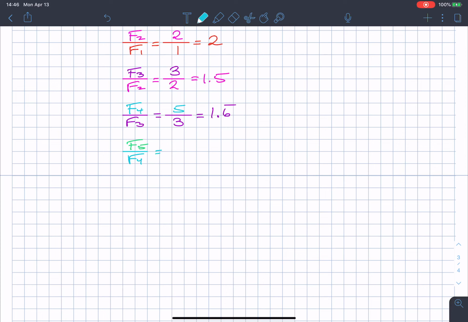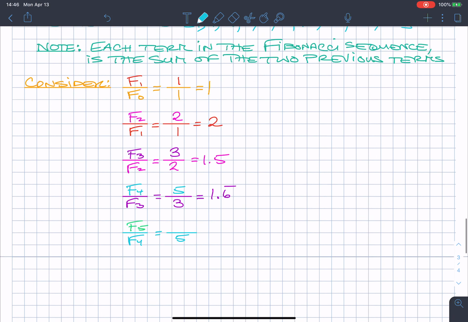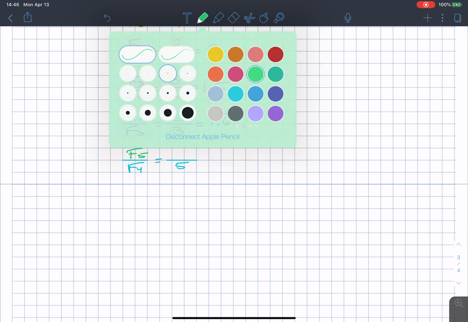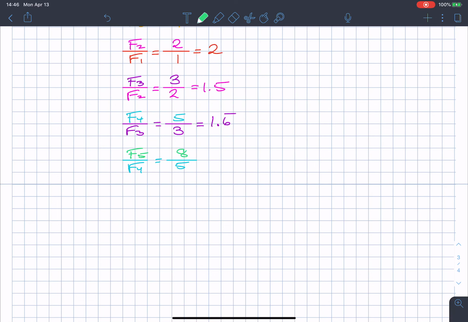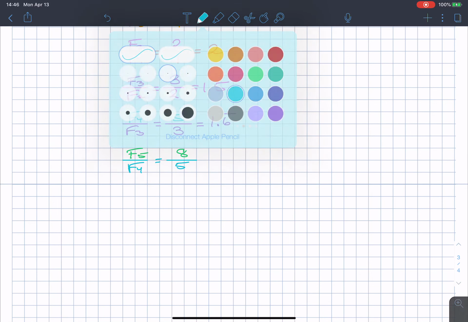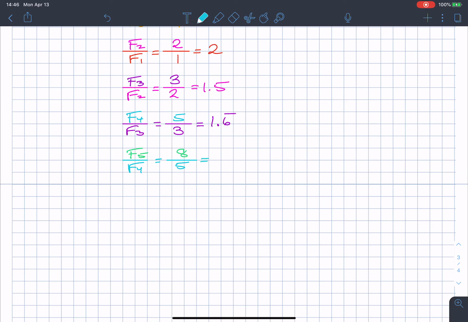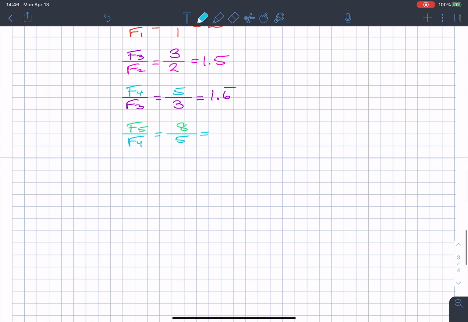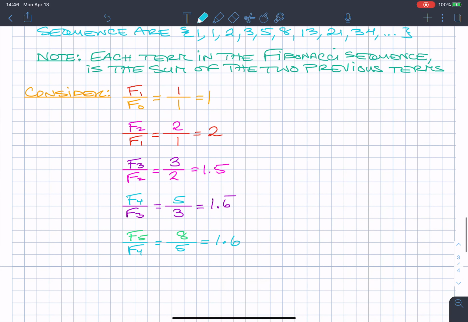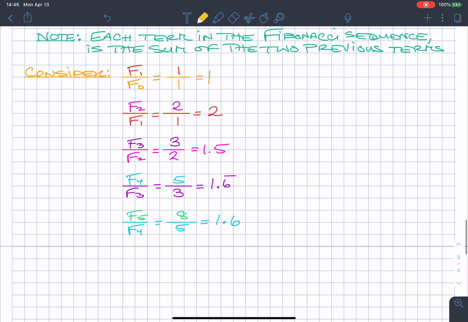Okay, so what do we get? So f sub 5 was 8. So 8 over 5. So do you agree that 5 goes into 8 once, but 3 over 5 left over, which is 6 over 10. So that's 0.6. So I get 1.6 as the ratio there. Now let's go up here. I believe f sub 6 was in yellow.